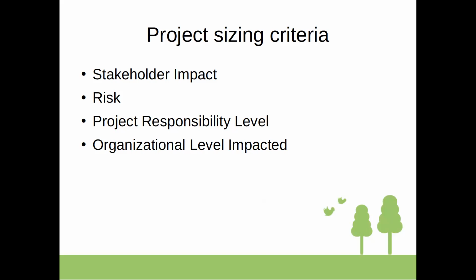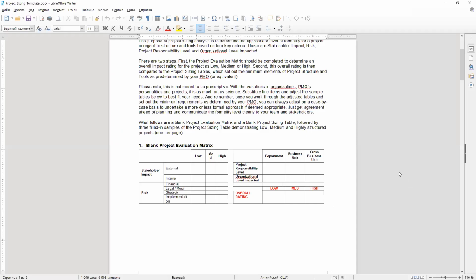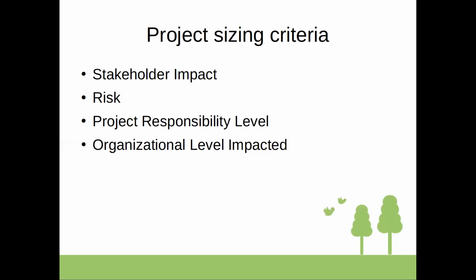So you have several criteria from the perspective of the project delivery and from the perspective of goals of the project. There are main criteria: the stakeholder impact, the risks, project risks, project responsibility level, and organizational level impacted.